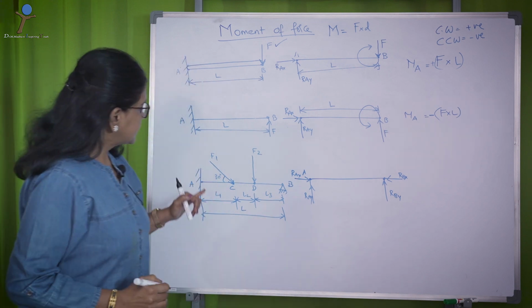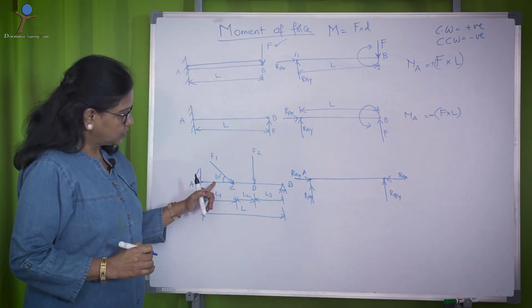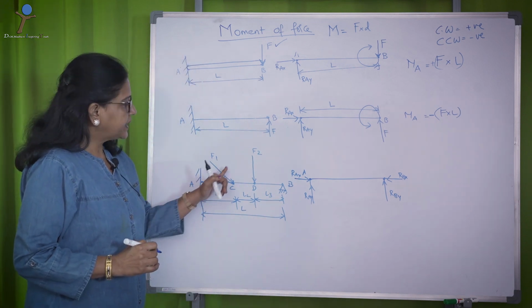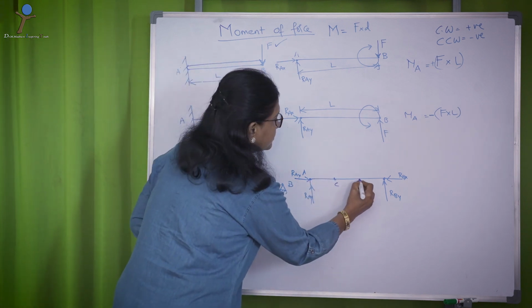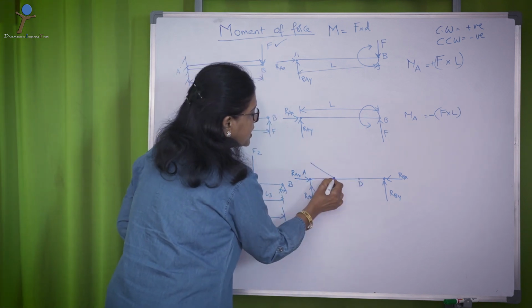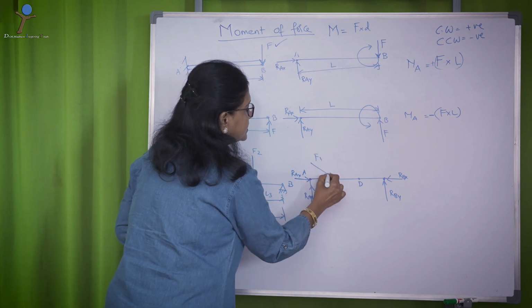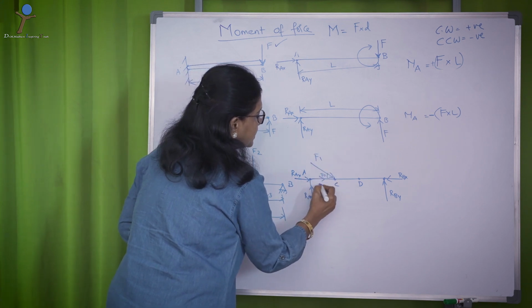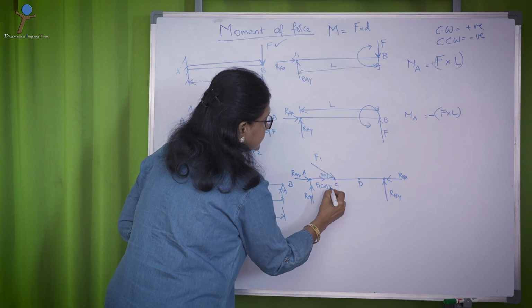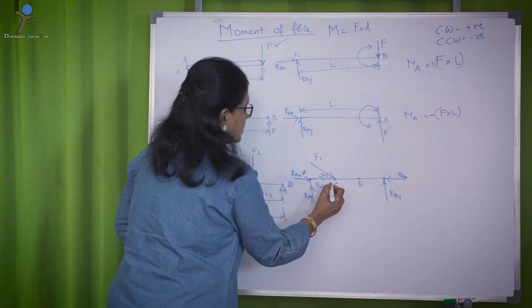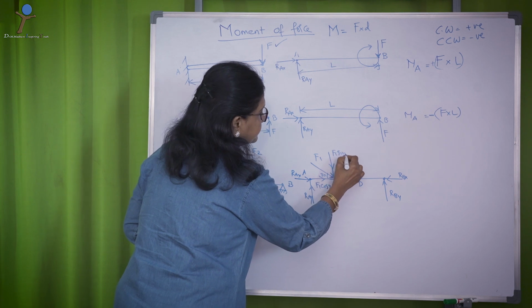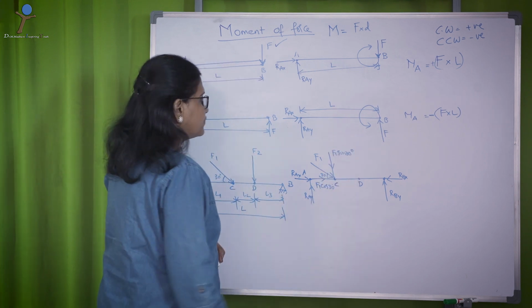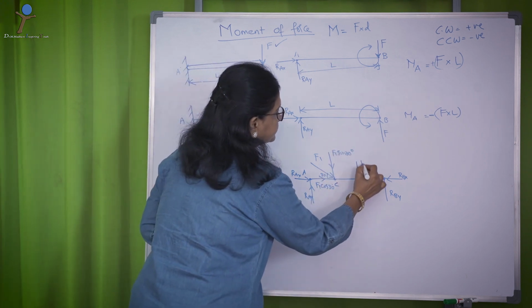Now, this force has to be resolved to x component and y component. So, let me mark point C, point D, and point C. F1 is now resolved to F1 cos 30 and F1 sin 30. The next force is F2 here.